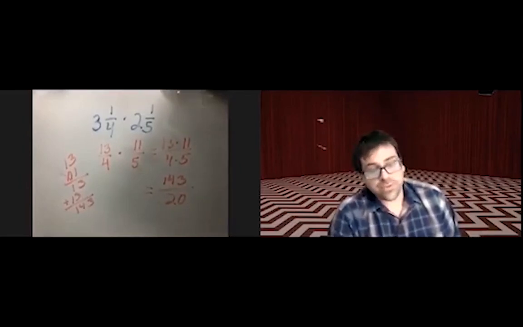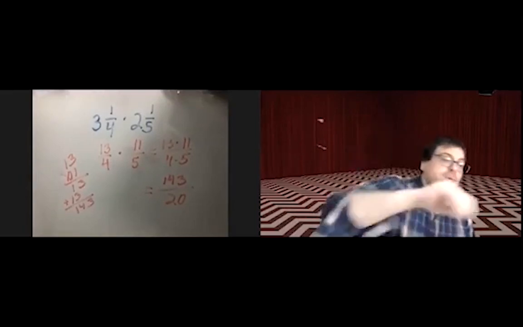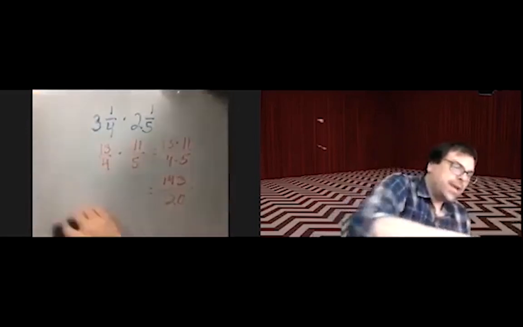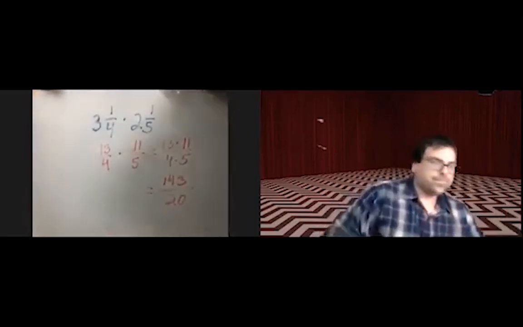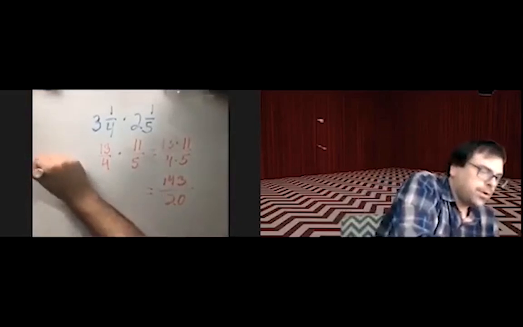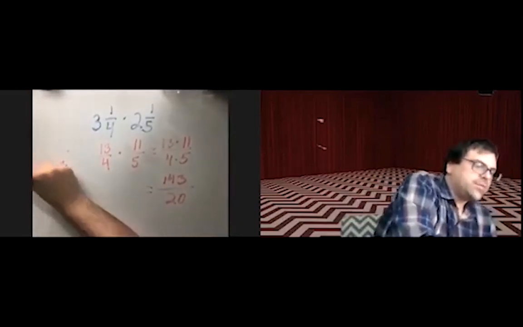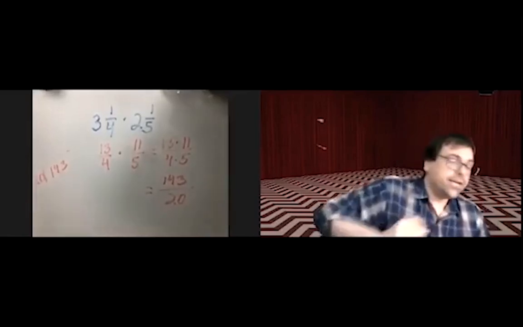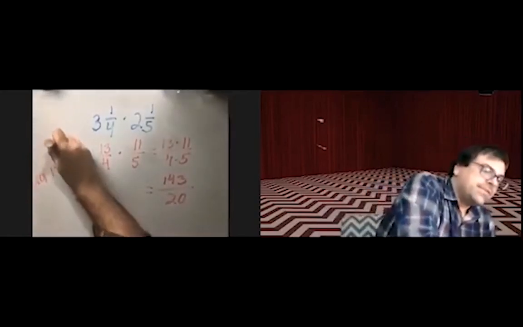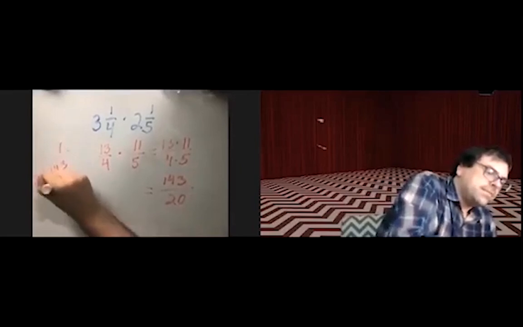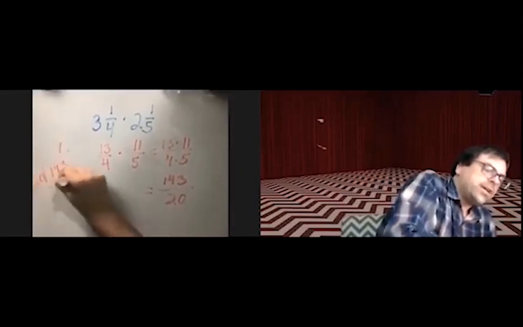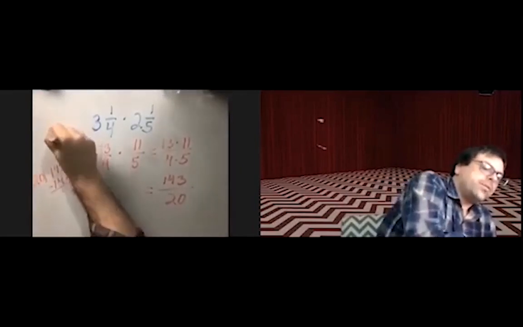It doesn't reduce, but it's improper. We're doing a mixed number problem, so we have to get the mixed number. We have to divide. 143 divided by 20. 20 goes into 143 7 times. 7 times 20 is 140. We get a remainder of 3.